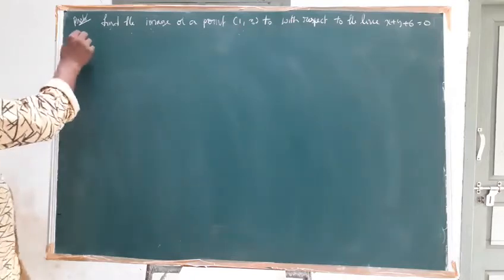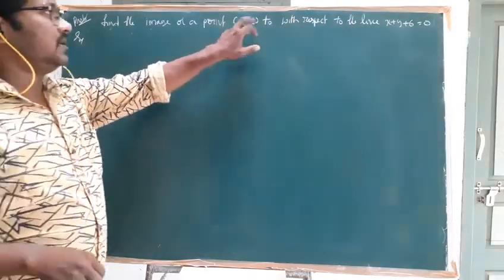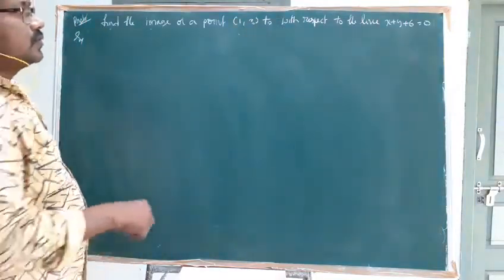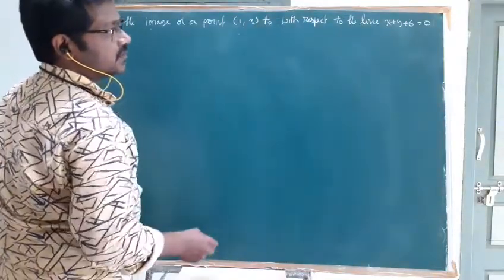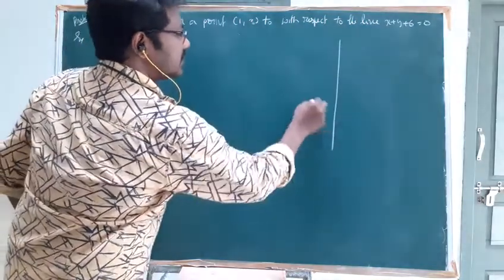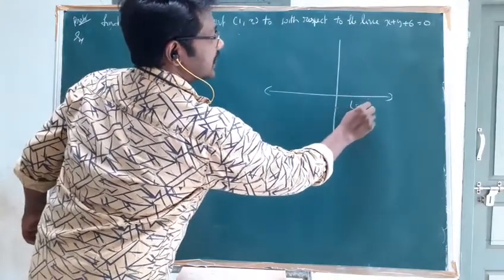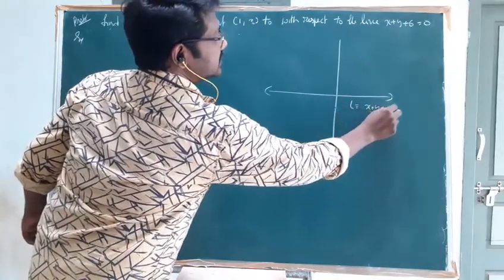See the problem here. Find the image of the point (1, 3) with respect to the line x plus y plus 6 is equal to 0. Here this is the line L, x plus y plus 6 is equal to 0.